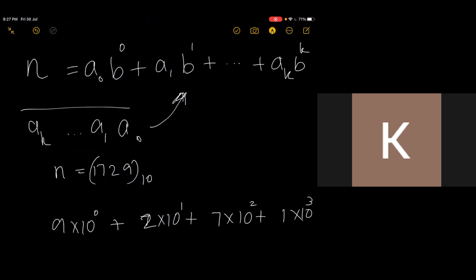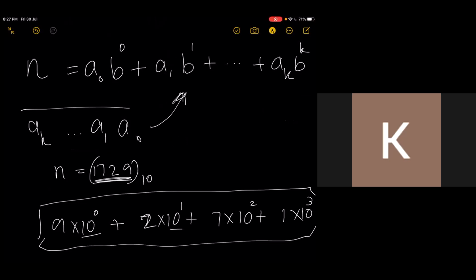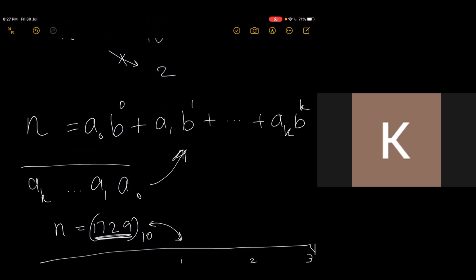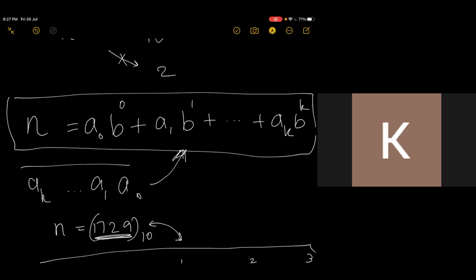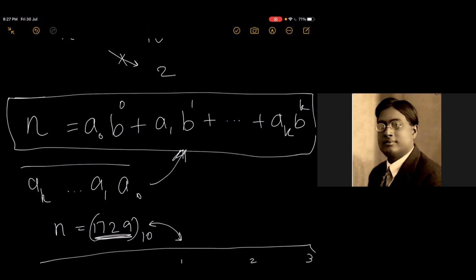So this notation 1729 and this expansion in terms of powers of 10 are equivalent. Basically this is my statement. Let us assume the number n is like this. Everyone convinced? Yes, sir.